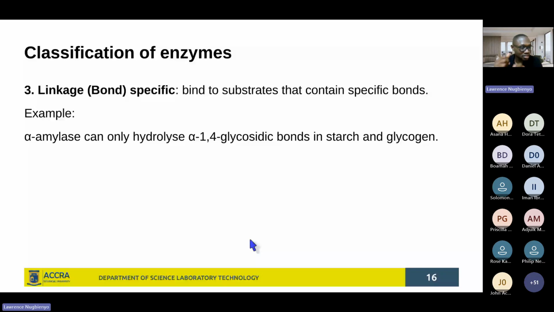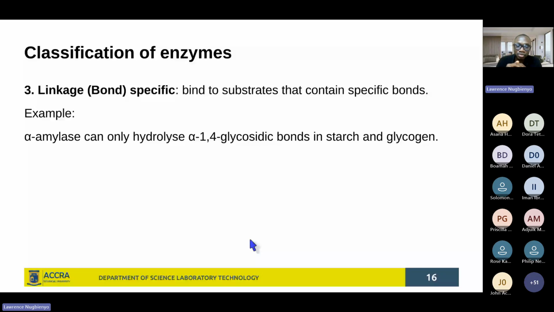But again, back to first year, you learned something about the Haworth perspective formulas. That is the ring structures of the monosaccharides.